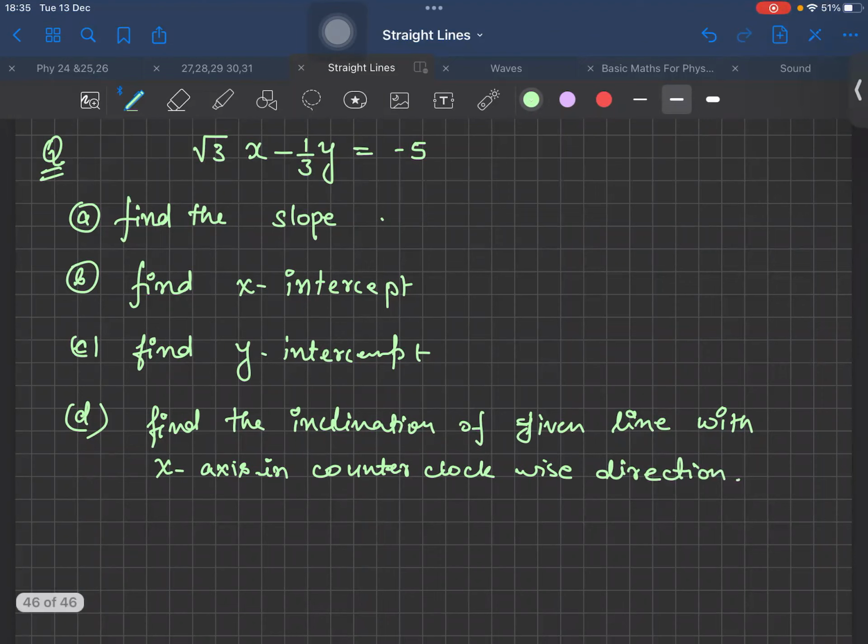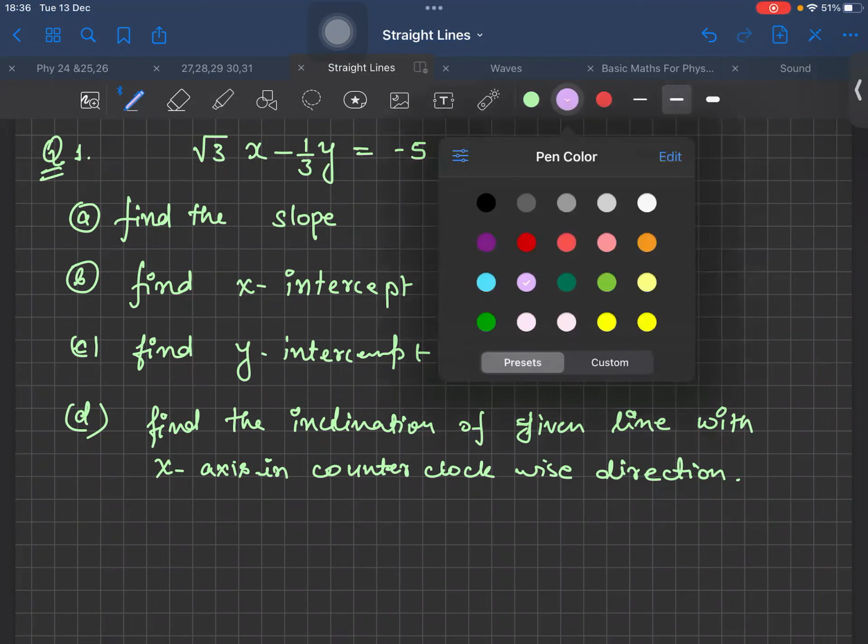Okay, please solve this. The equation of the line is given to you, and you need to find the slope, x-intercept, y-intercept, and its inclination. Find it fast. Got it?